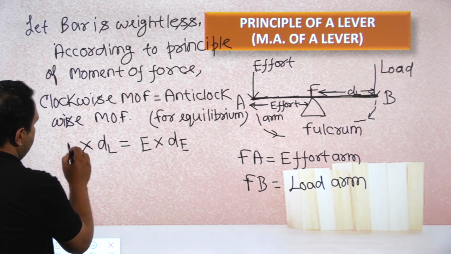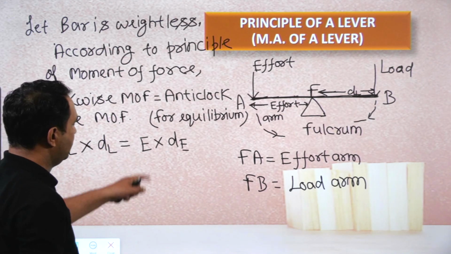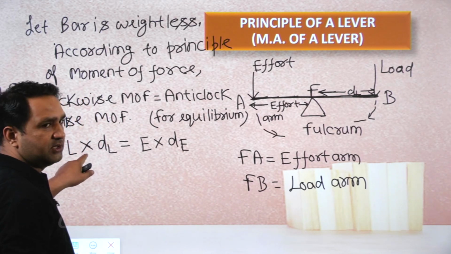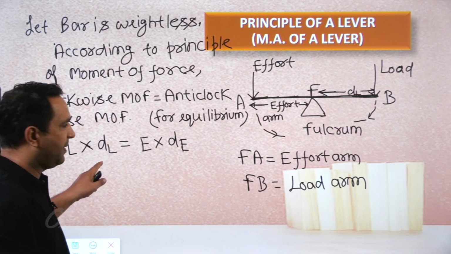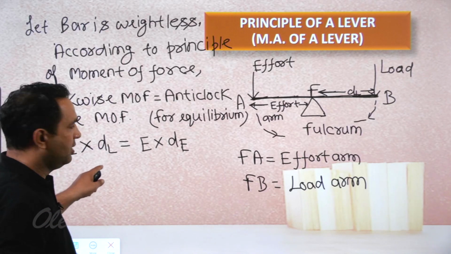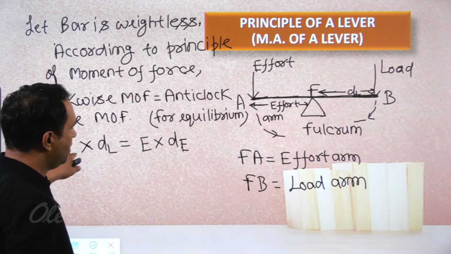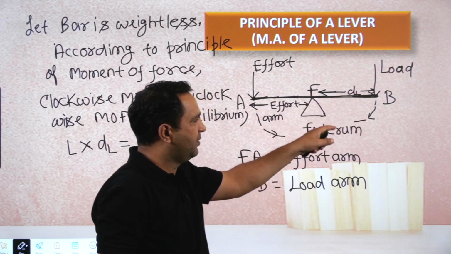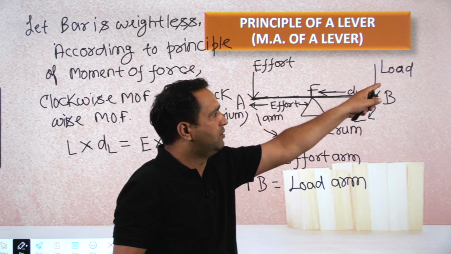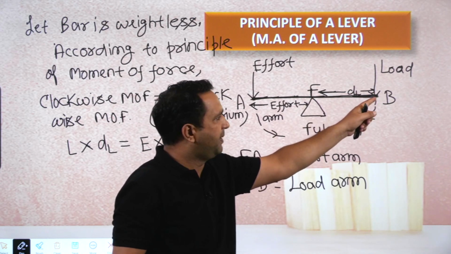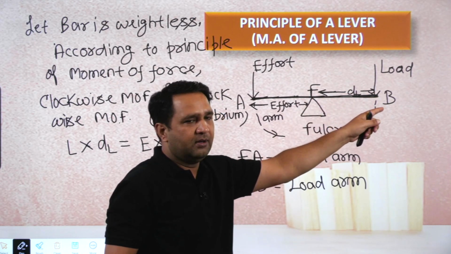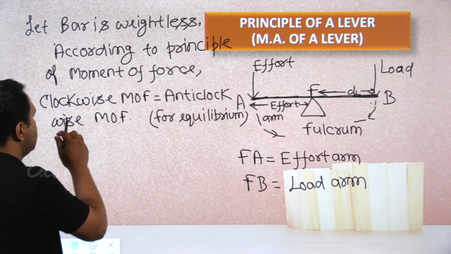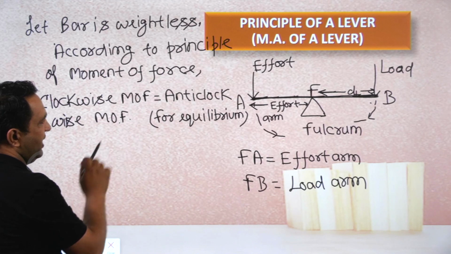So we can write load into dL is equal to effort into dE. Have you got it? Moment of force is equal to force multiplied by perpendicular distance, right? So here the force is the load in clockwise direction. When the bar does the clockwise moment of force, the force is the load and the perpendicular distance is FB, and that FB is dL.